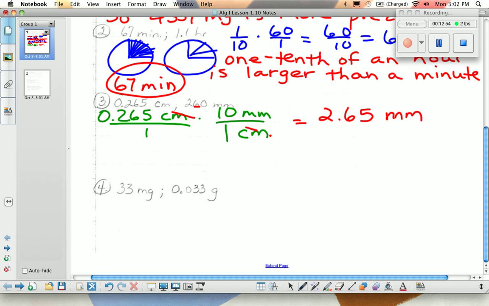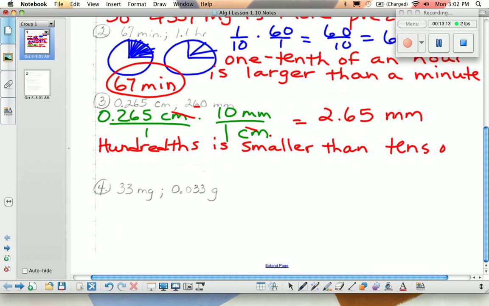So we would say that hundredths, not hundredths, because it's 2 places behind the decimal, hundredths is smaller than tens of centimeters. So 0.265 centimeters is more precise.